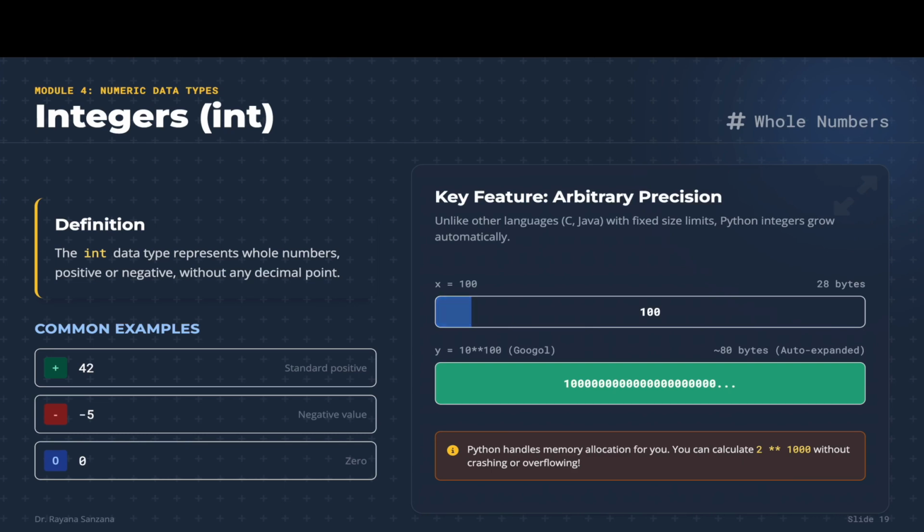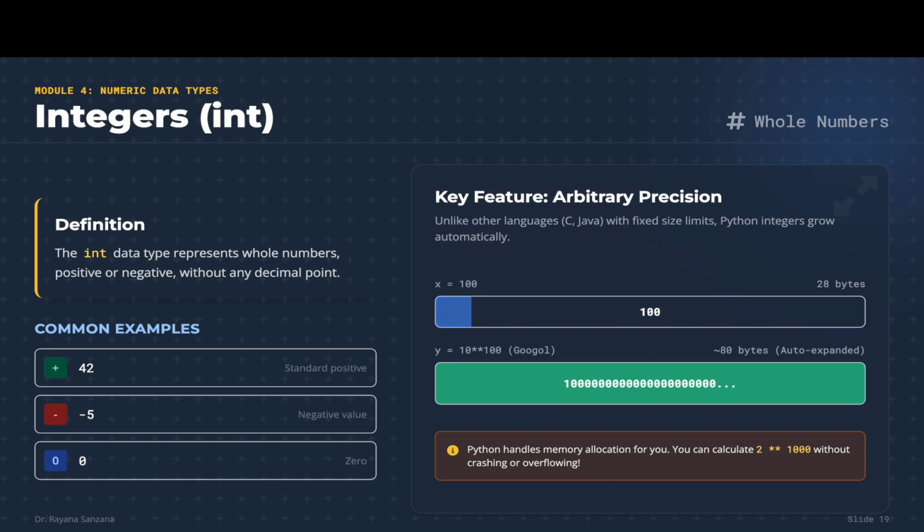The integer data type represents whole numbers. These are numbers without a decimal point, like 10, -5, or 0. A key distinction in Python is arbitrary precision. In many languages like C or Java, integers have a fixed size, like 32-bit or 64-bit.